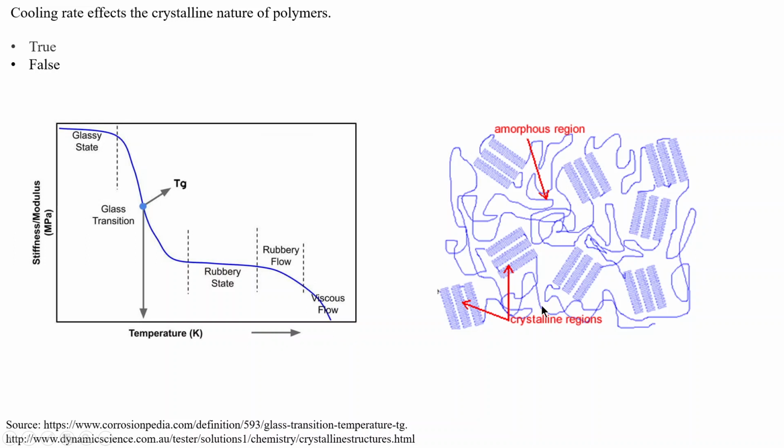So whenever we are cooling a polymer system, a polymer melt, the cooling rate will affect the crystalline nature. In what way? I'll tell you. When we are doing the cooling at a very fast rate, the amorphous regions of the polymers do not get enough time to set back into a crystalline form.